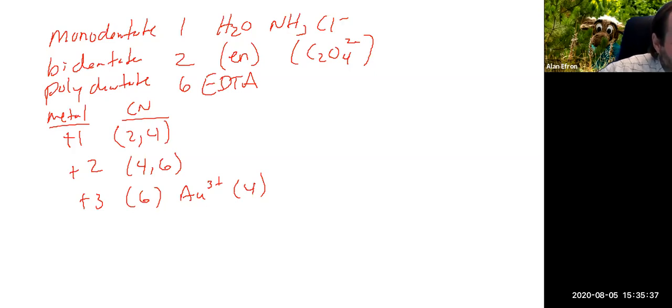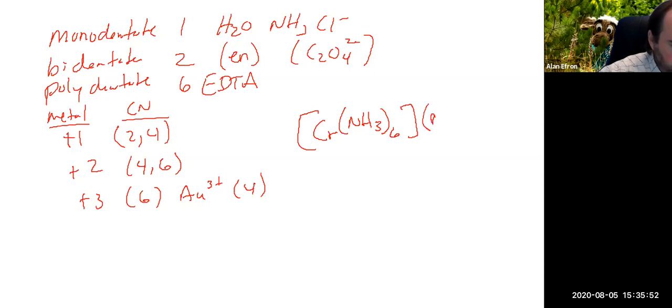And we also talked about the idea, for example, if we had this coordination compound. Again, typically the part in brackets is our complex ion.